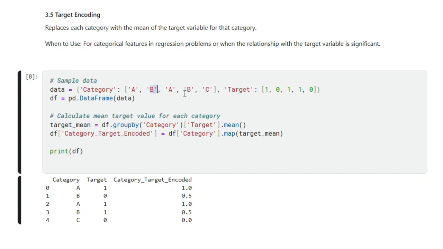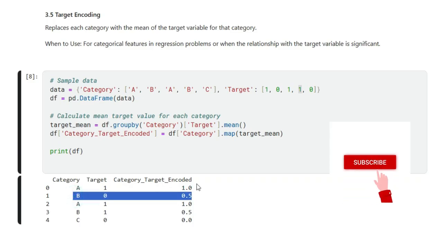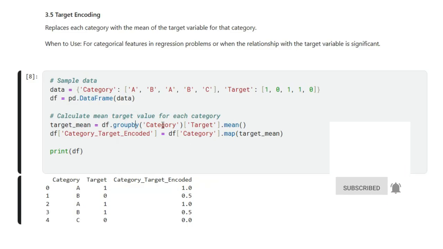B occurs two times. The first time its target is 0, and the second time its target is 1. So 0 plus 1 divided by 2 is 0.5. This is how target encoding calculates, and how you can implement it.